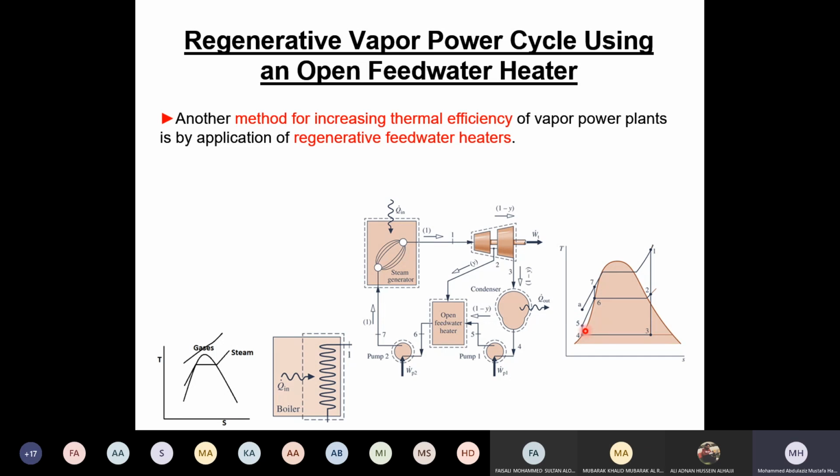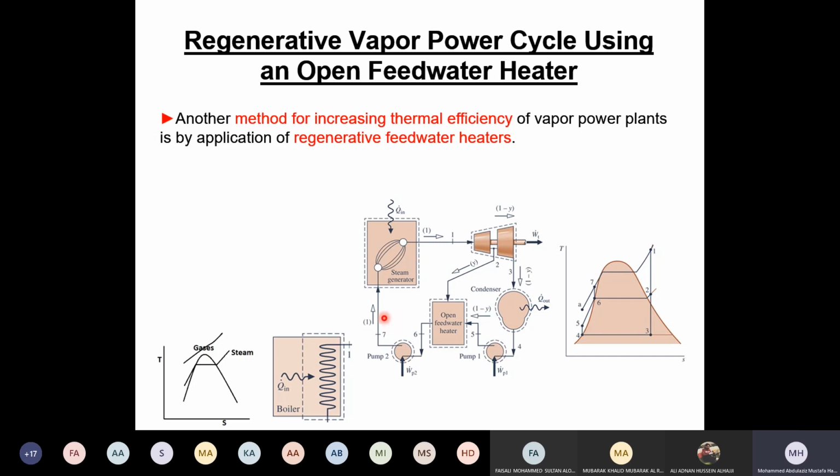Instead of the water going to the boiler at 4 or 5, we are now going to heat it to 7. Means that the heat addition in the boiler will be from 7 to 1, not 5 to 1. So the second level is that we reduce the heat addition.